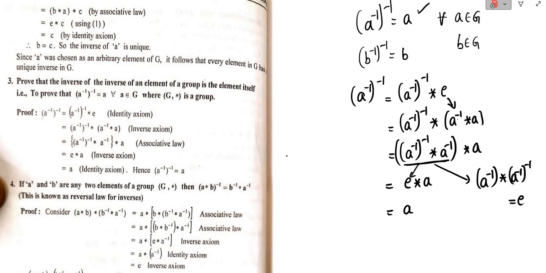Again e * a, identity element * element, is the element only. So, therefore, what we proved? (a inverse) inverse equals a. So if we take b belonging to G, (b inverse) inverse is also b only.